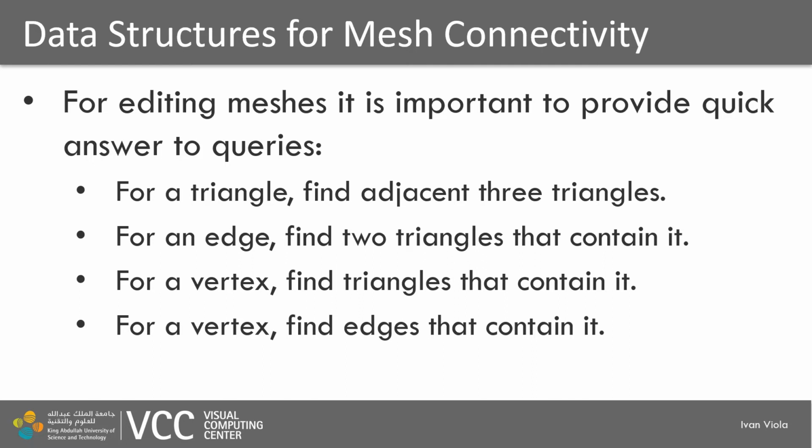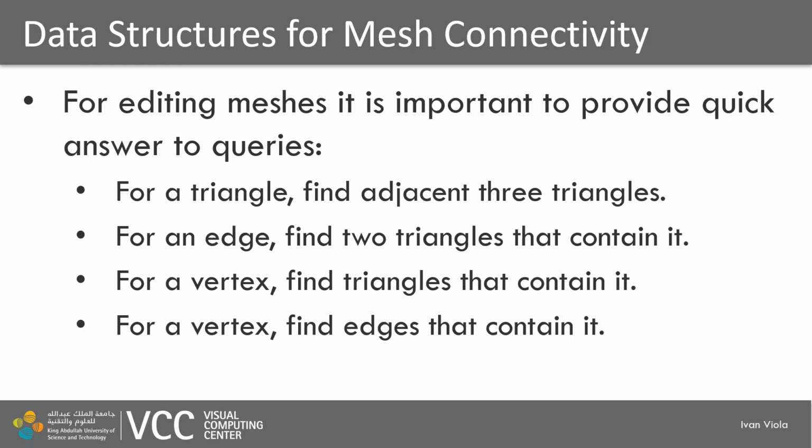Now, these representations are great for storing or transmitting the meshes. However, they are not very useful for editing meshes when we need to access the mesh for certain processing. Often, in processing, we need to access a particular triangle and find its other triangles which are neighboring it, other 3 adjacent triangles.